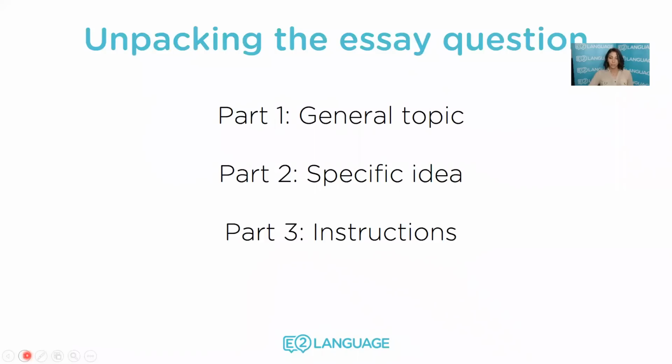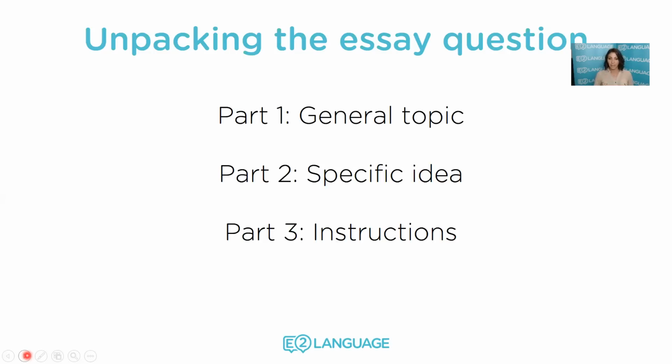So, an essay question usually comes in 3 parts. Part 1 usually introduces the general topic. The general topic of the one we just looked at was increasing car usage. So we know that the essay question is about cars. The second part of the question, the second sentence, usually links it to a specific idea.